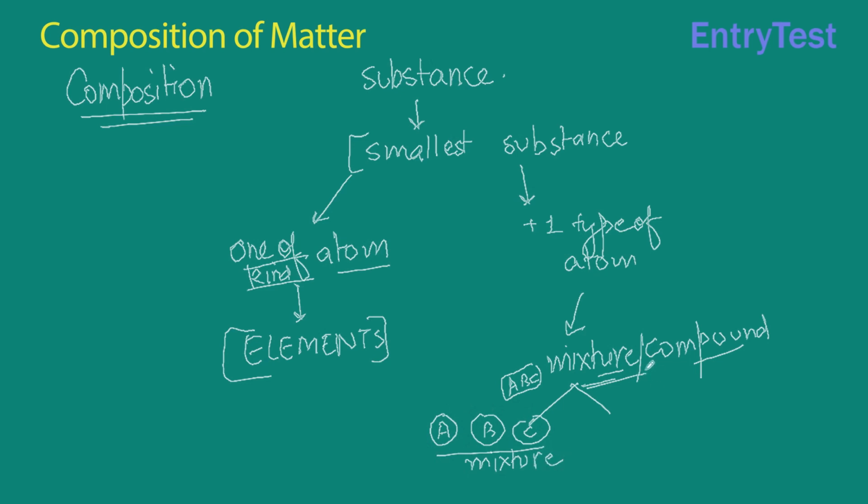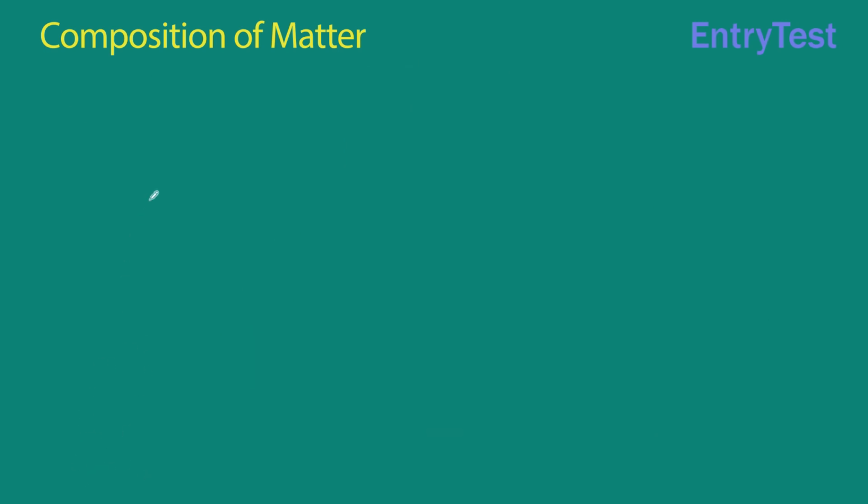If you can't separate, if you break a compound into let's say 1,000,000 parts, and each part still has the same proportion of A, B, C, you just get little blocks of ABC, ABC, ABC, that is known as a compound. And this is actually something that you already might have done.